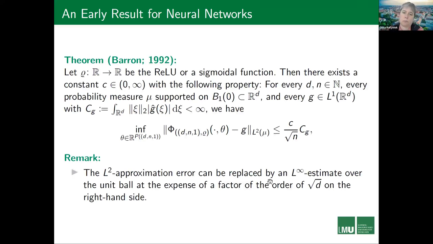So n is here the number of neurons. You can replace this L2 approximation error also by an infinity approximation error, but let's not go too much into the details there. So now how do you prove such a result? This random sampling will come into play at some point, and you also need to use that this C_g is finite.